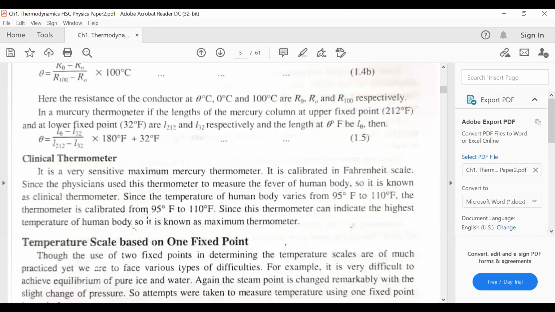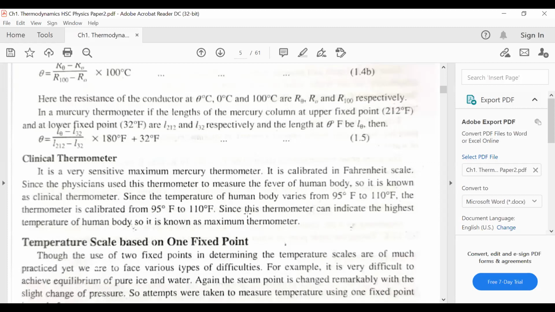So that is an important question. They will ask you why you cannot measure 50 degrees Fahrenheit in a clinical thermometer. Then you have to tell that since the temperature of the human body varies from 95 to 110 degrees Fahrenheit, the thermometer is calibrated from 95 to 110 degrees Fahrenheit.